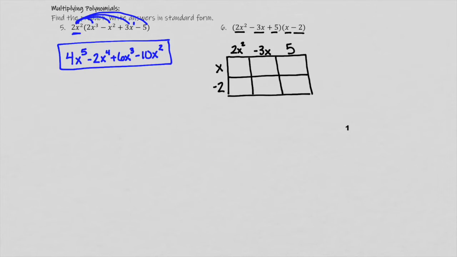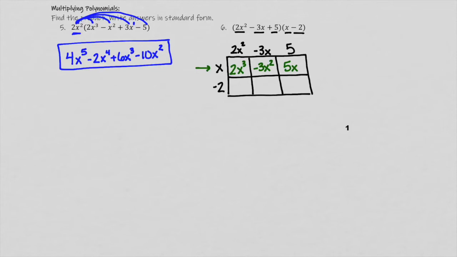So to fill out the inside of my box, this is doing my distribution, I'm going to take x times everything above the boxes. So x times 2x squared is 2x cubed. X times a negative 3x is negative 3x squared. X times 5 is 5x.